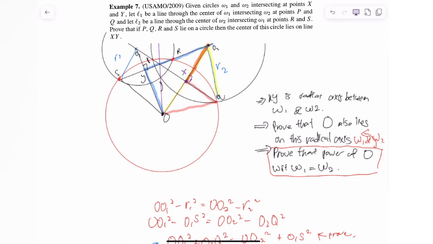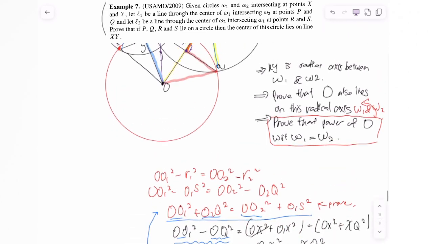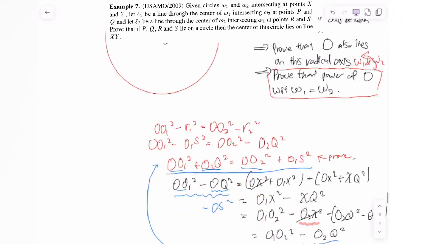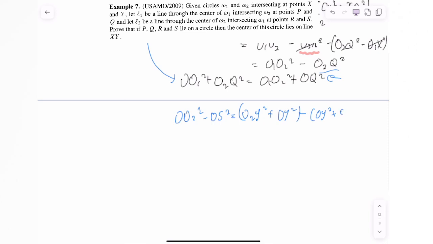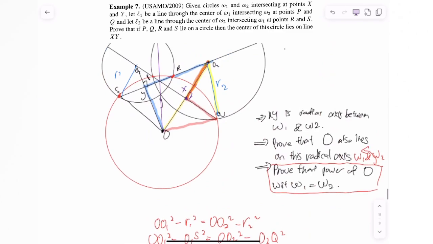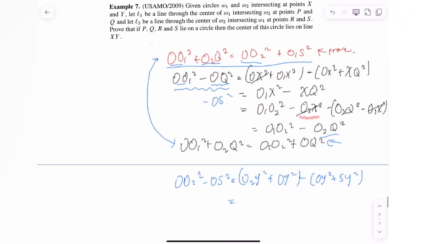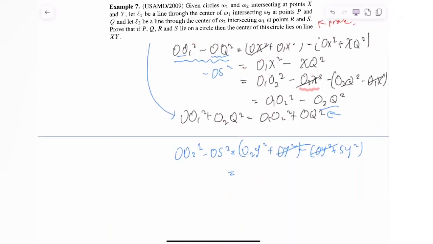Hold up, is this correct? Okay, notice that we don't want the length OY because it's basically useless, but they cancel out nicely here, so it's O2Y squared minus SY squared.